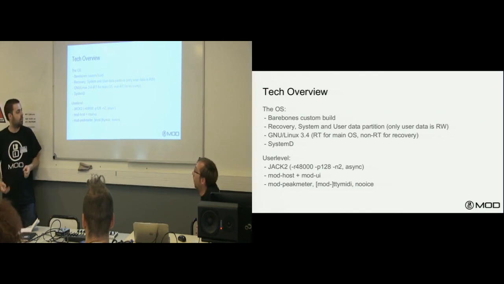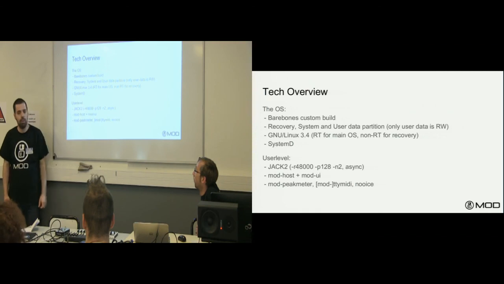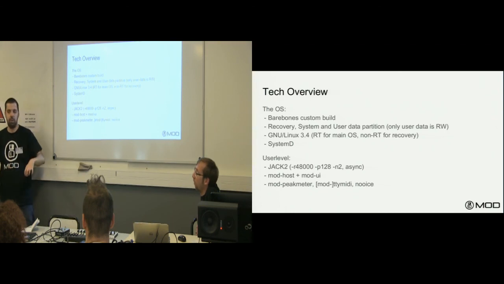Then it communicates via a socket to the mod-ui, which is also a web server. So when you connect to the mod, you get a network interface, and the web server provides a web page.